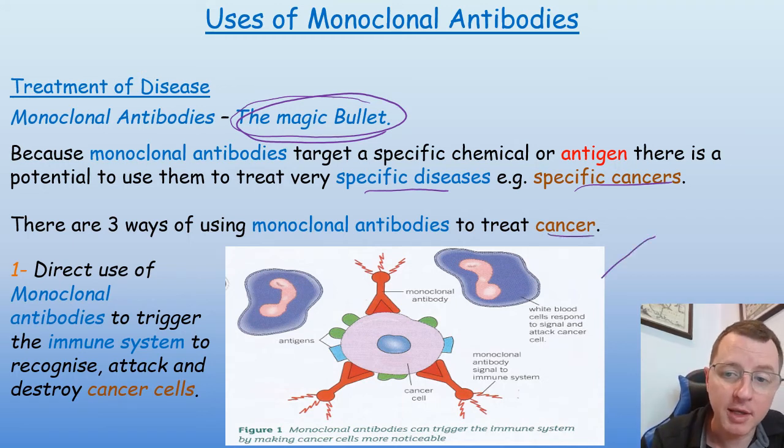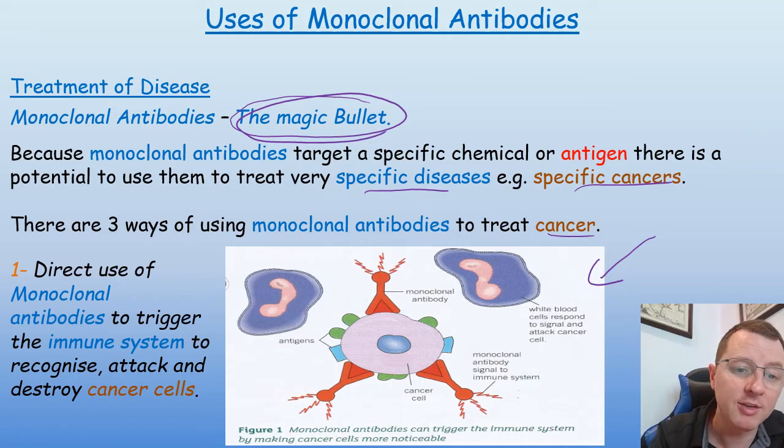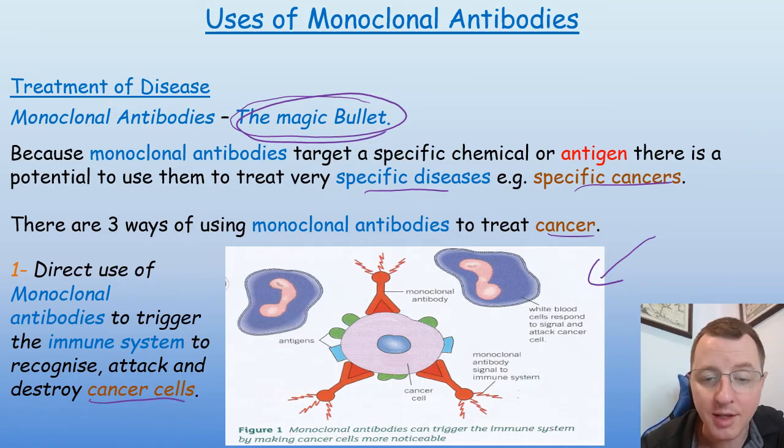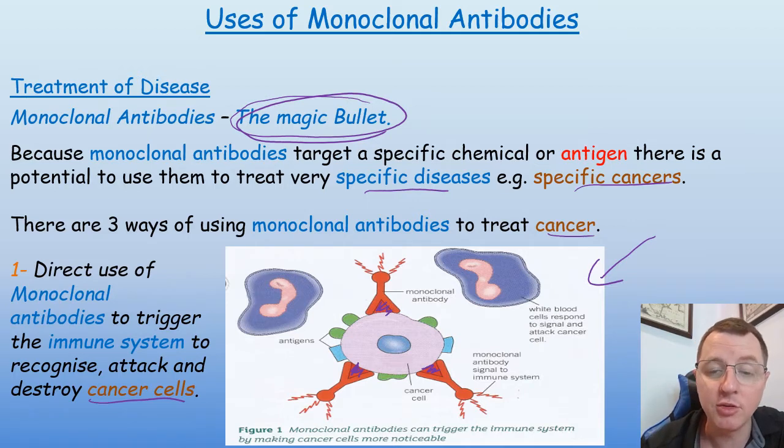In this diagram here, you can see the very first use, the direct use of monoclonal antibodies to trigger the immune system to recognize and attack and destroy cancer cells. Now, a cancer cell will have an antigen, and I'll colour these in here purple, as you can see. And the antigens will be the same antigens that you will find on any cell in your body. They will be self-antigens.